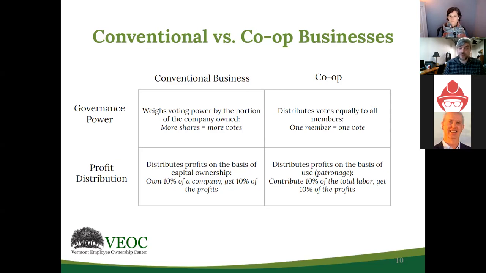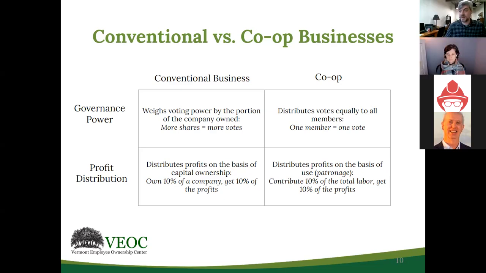And then the second piece is how profit is distributed. So with conventional businesses, again, you own 30% of the company, generally you have the right to receive 30% of the profit. With co-ops, the core idea is that profit is distributed on the basis of the use of the cooperative, and its goal is to operate on a not-for-profit basis towards its members.